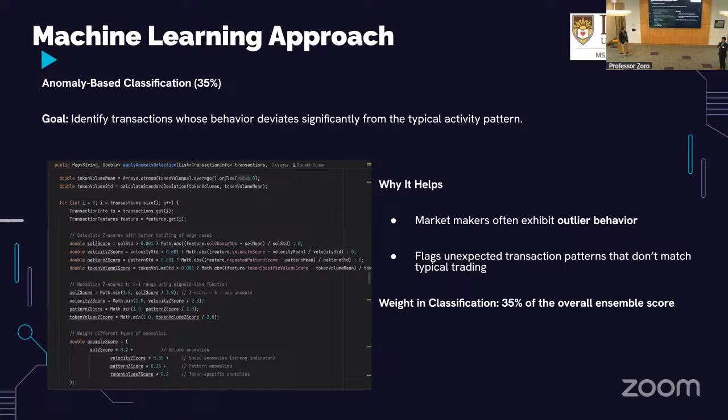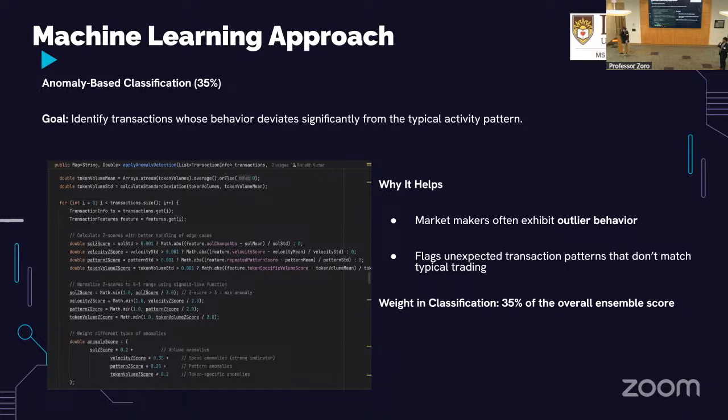The example you see on your screen right now is the anomaly-based classification, where I looked at specific features like velocity score, a helper method I created that looks at the time between transactions and whether a lot of them were executed in a burst, for example within milliseconds of each other.